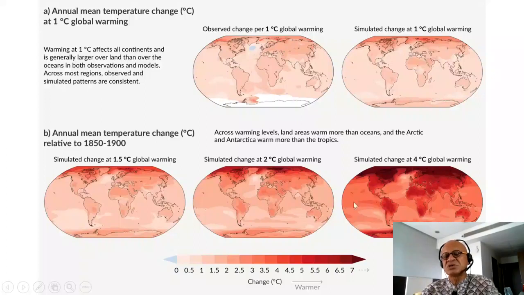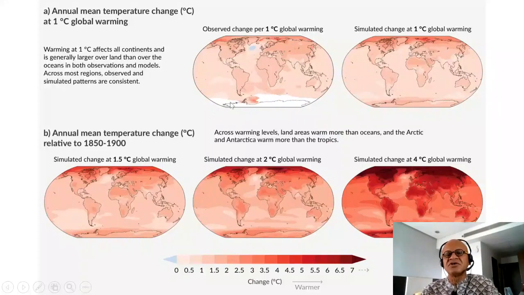There are serious implications of how the warming in the eastern Pacific will affect global warming itself, because this is the region where the ocean is able to take up a lot of heat, and the east-west sea surface temperature gradient also impacts mean circulation, ocean heat uptake, and so on and so forth. So given this distribution of warming, you can see that now with warming, the polar amplification over the Antarctic also begins to appear, which has not happened so far.